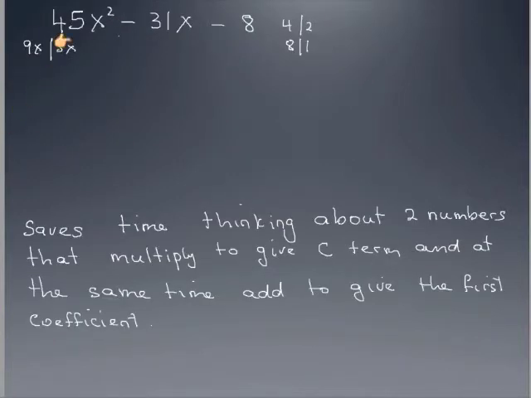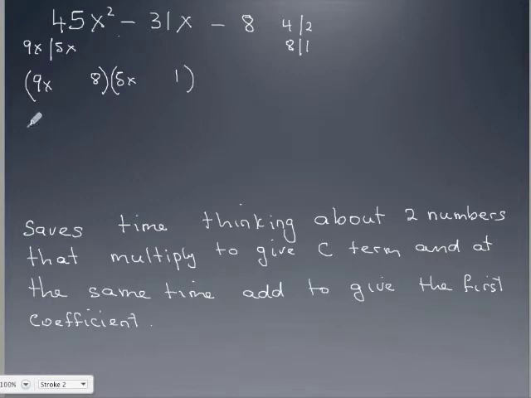Let's try another. 45x squared, let's try 9 and a 5. And I have 4 and a 2, 8 and a 1. Let's make a few. Let's go 9x, 5x, and let's try 8, 1. 9x, 1, 5x, 8.